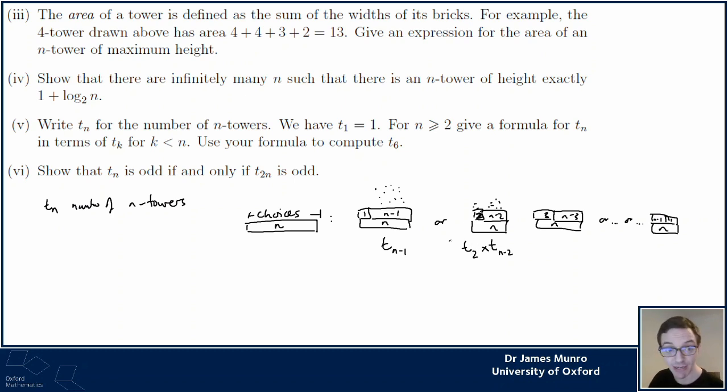But these are sort of independent choices, what I do on top of the 2 and what I do on top of the n minus 2 brick. Okay. Over here, I've got maybe quite a few choices for what I put on top of the 3 brick, and I've got really quite a few choices about what I put on top of the n minus 3 brick. But using the notation of the question, that's the number t3 times the number tn minus 3. Okay, so I want to add these together because these are alternatives about what I do.